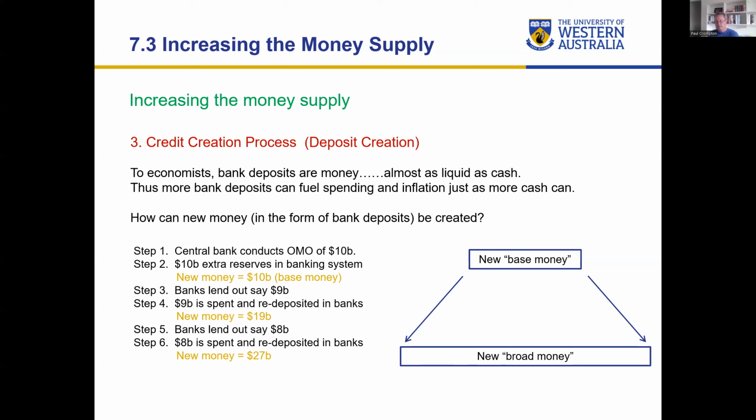The 8 trillion could be loaned out, spent, redeposited into the banking system, and loaned out again, spent, redeposited. If this credit creation process was allowed to play out on $8 trillion, you could see very, very strong inflation.